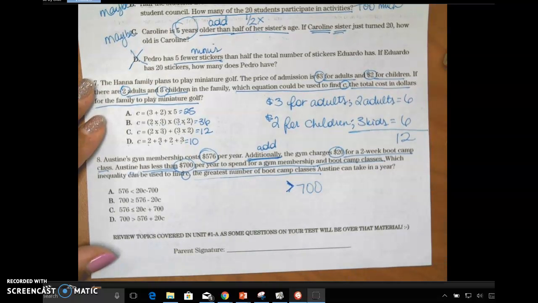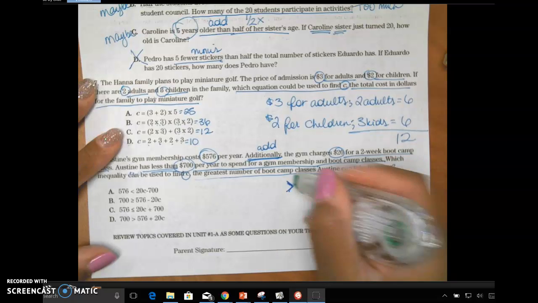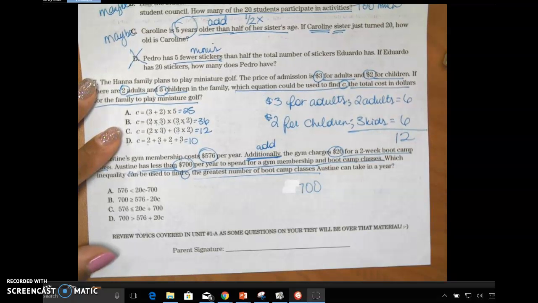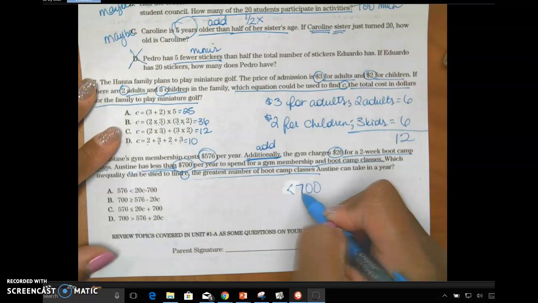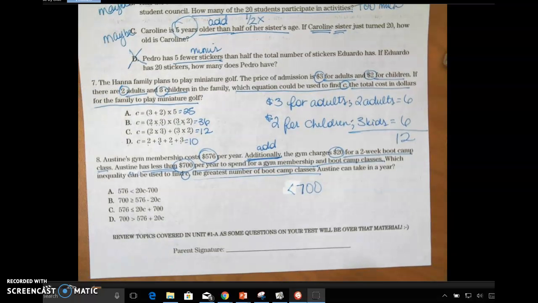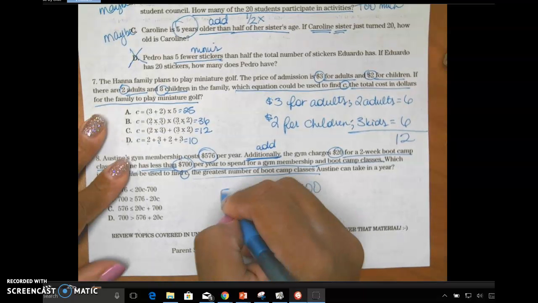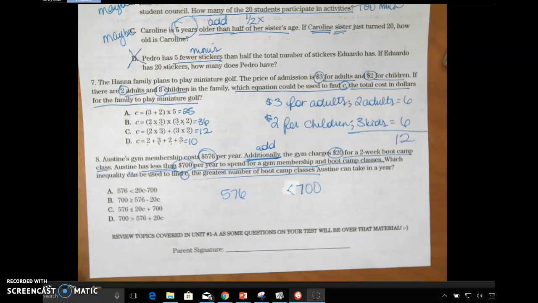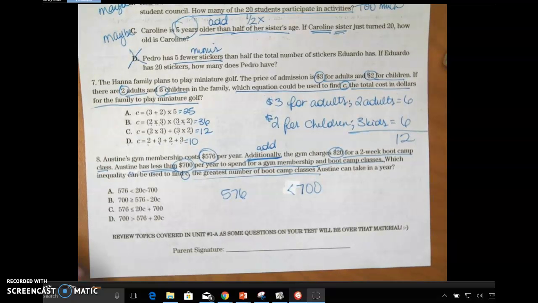Whoops, I put the wrong symbol. Less than 700. Now what? How much does it cost? It costs $576. So $576, and then $20 for boot camp classes.